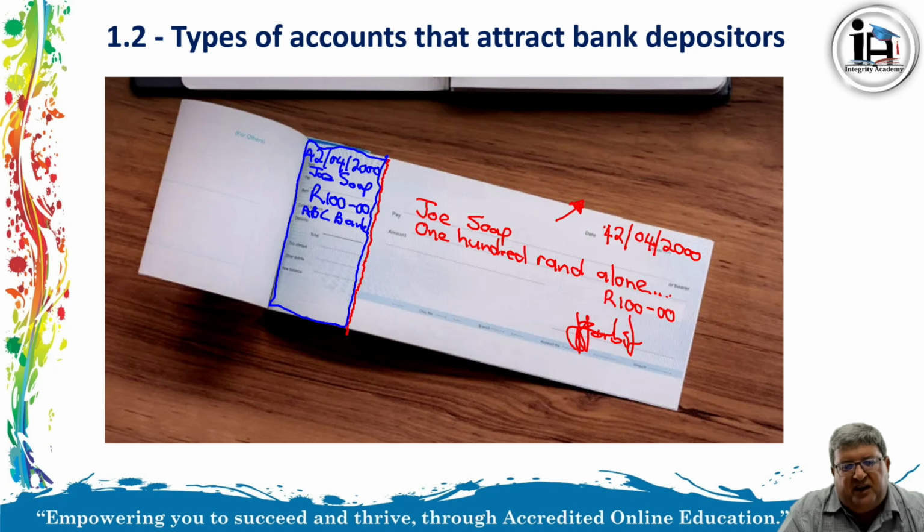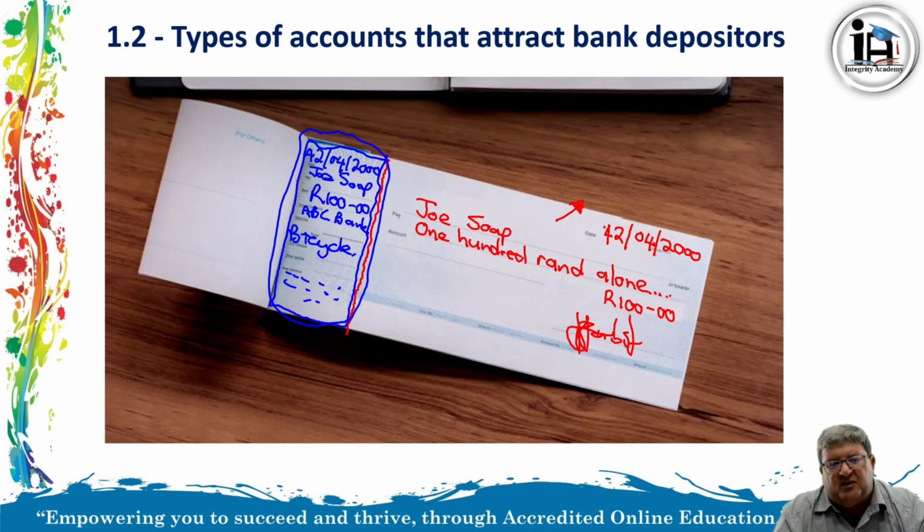What did I buy? You can write there, I bought a bicycle. And you can make all other notes, whatever you want. So at the end of the day, if you've written 40 checks out, you can just look at all these blue pages that are behind in the checkbook, and then you can see, I bought this from that guy on that day, for that amount for this item. So yeah, that is how you keep a record.